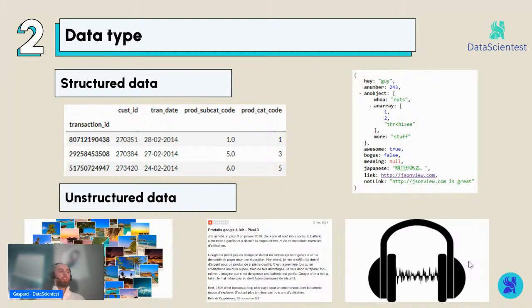You can have audio data recordings, and this is what we call, not for the JSON, but for the images, the text, and the audio or the video, unstructured data, because you cannot have this clean representation that's already suited for modeling. You cannot just say, all right, I have an image and I will give this image or this text to my machine learning or deep learning model. It just won't work. You have to choose a way to represent your data, a structured way of representing this data.